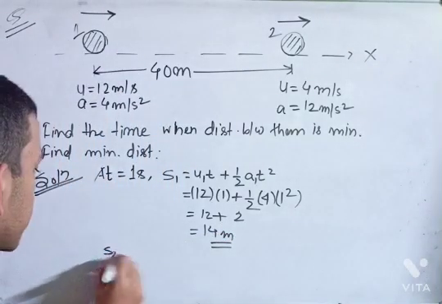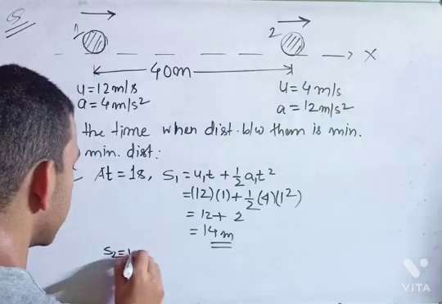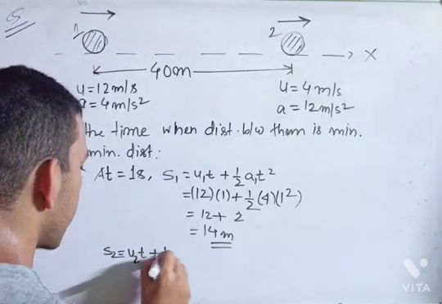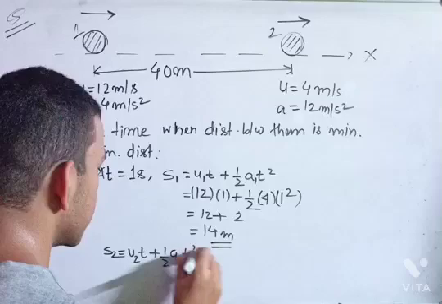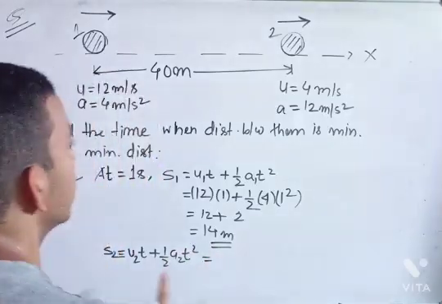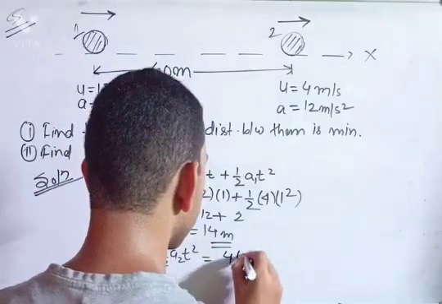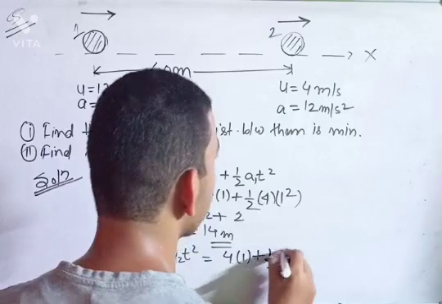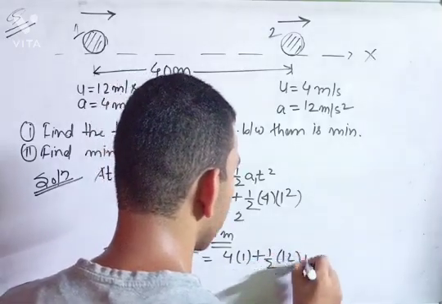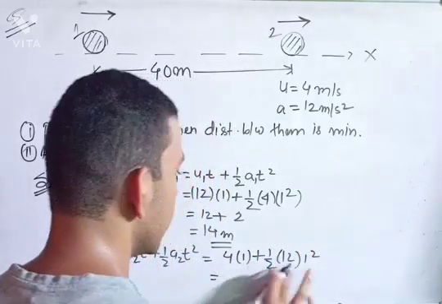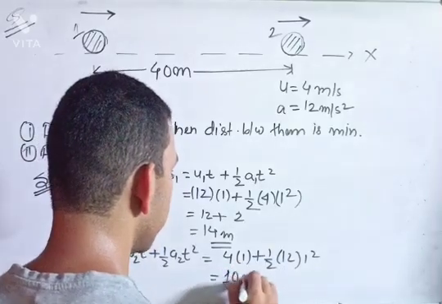Now let's find the displacement of the second particle s2, which is u2 times t plus half of a2 times t square. So we are getting u2 is 4 times 1 plus half of 12 times 1 square. So we are getting 4 plus 6, that is 10 meter.